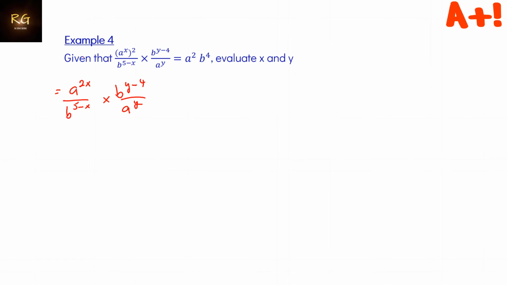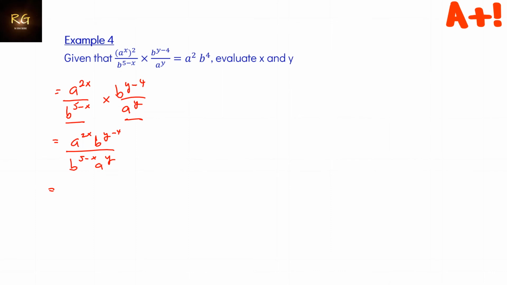Sorry, it's pretty messy. So what we can do is simply rearrange. Since it's multiply, we can just put it like this, correct? a to the power of 2x, and then multiply with b to the power of y minus 4 over b to the power of 5 minus x, multiply with a to the power of y. We can do that.